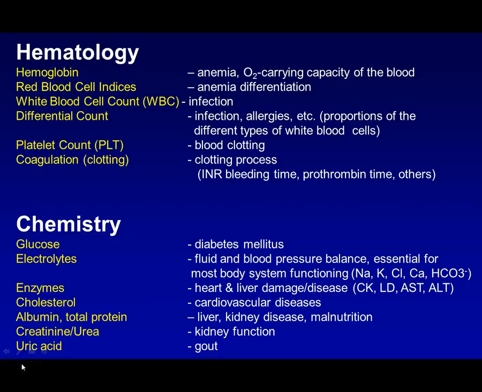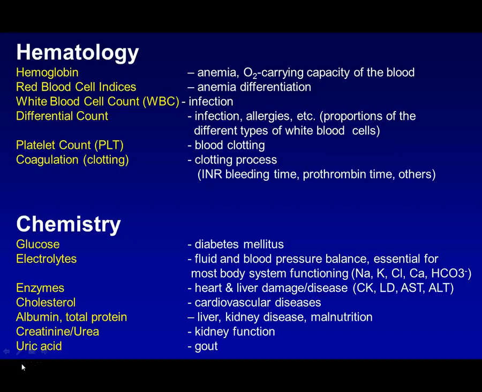Albumin and total protein are mainly used for determination of liver function instead of liver damage, but low albumin and low protein can also indicate severe kidney disease or malnutrition.